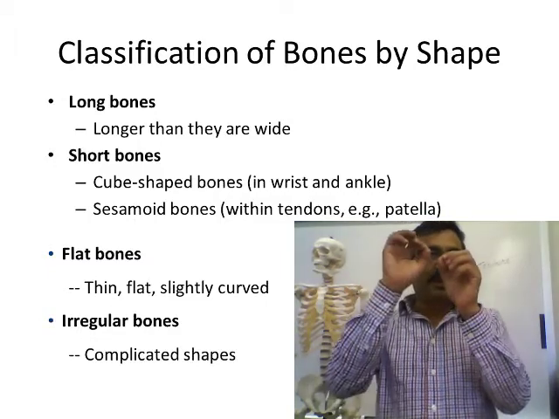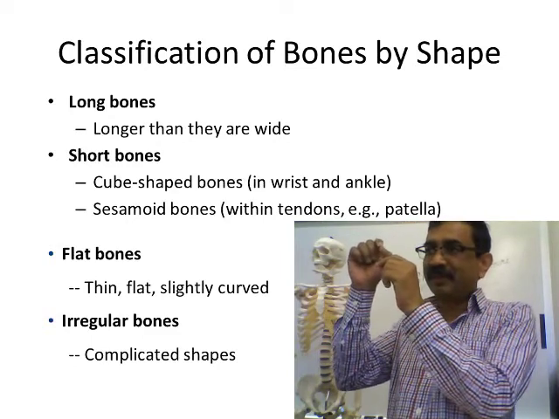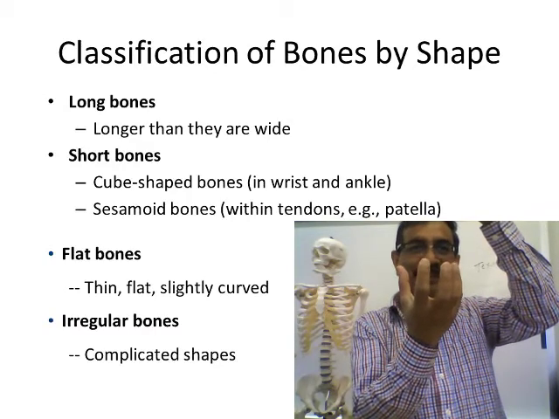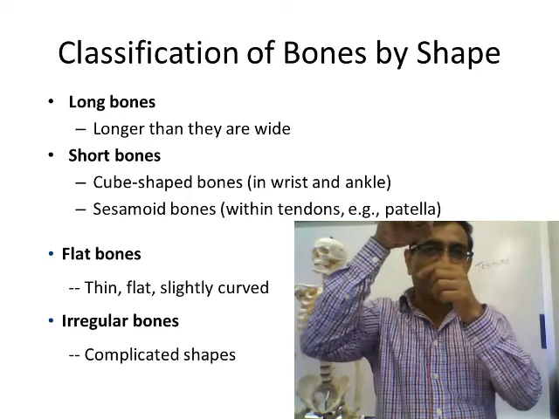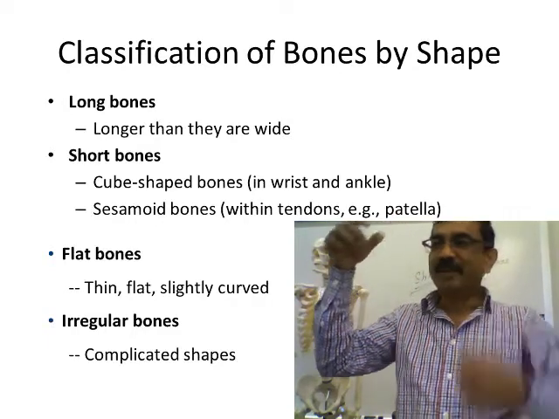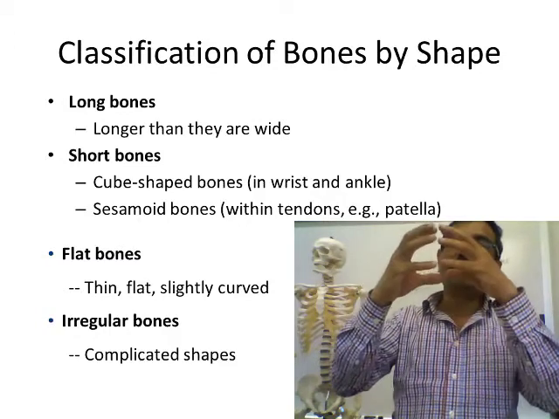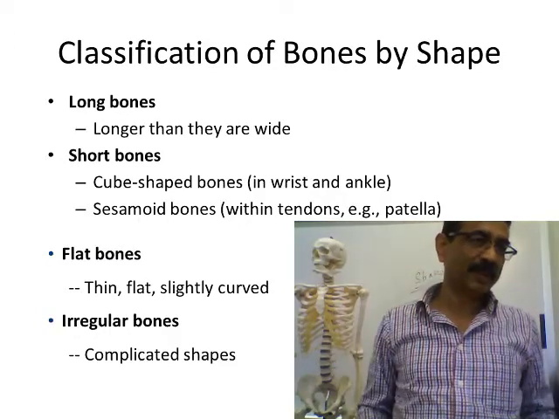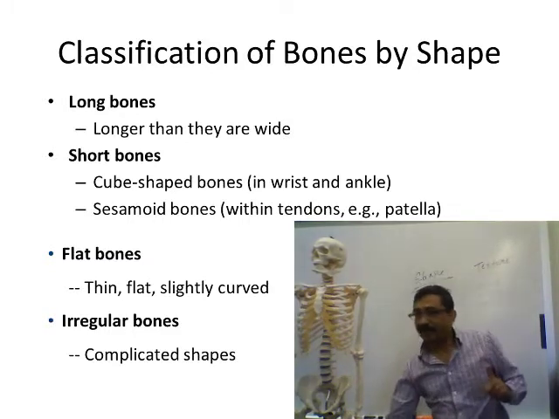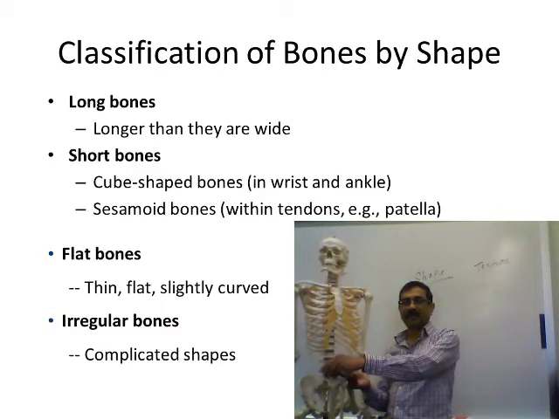You know the sesame seed, the tiny seeds you see on a burger bun. So the bones, although not that small, have a shape like that. The typical sesamoid bone is the patella.